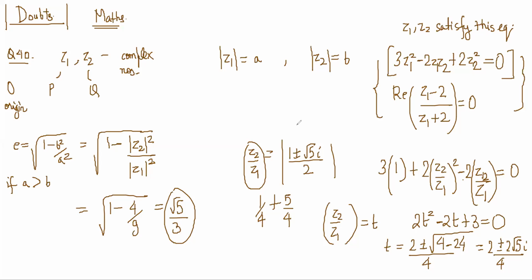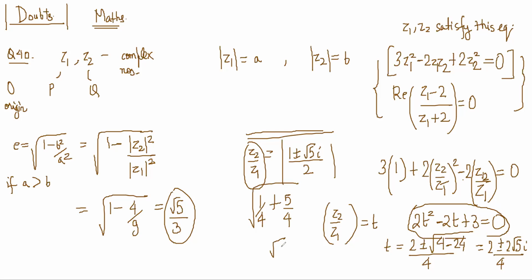I thought this should be right, but make sure that we have not made any silly mistakes. Yes, I'm checking that. So the equation has become this. z2 by z1 is this. Mod of z2 by z1 will be root of 1 by 4 plus 5 by 4, right?